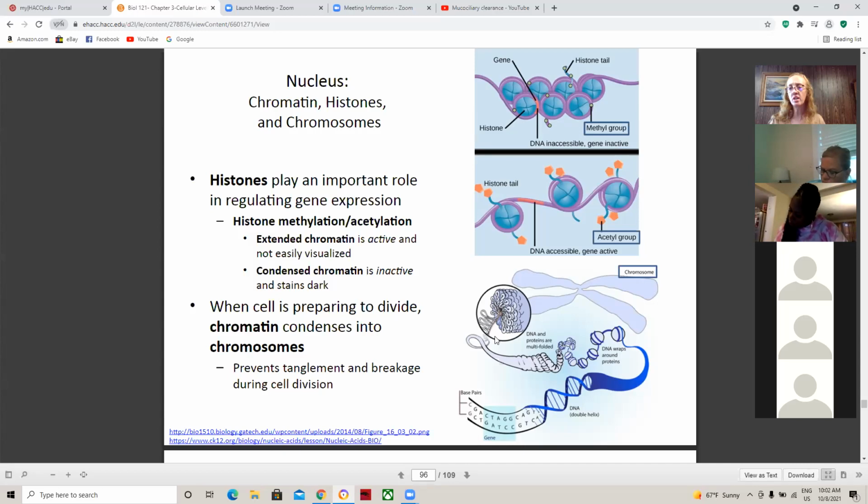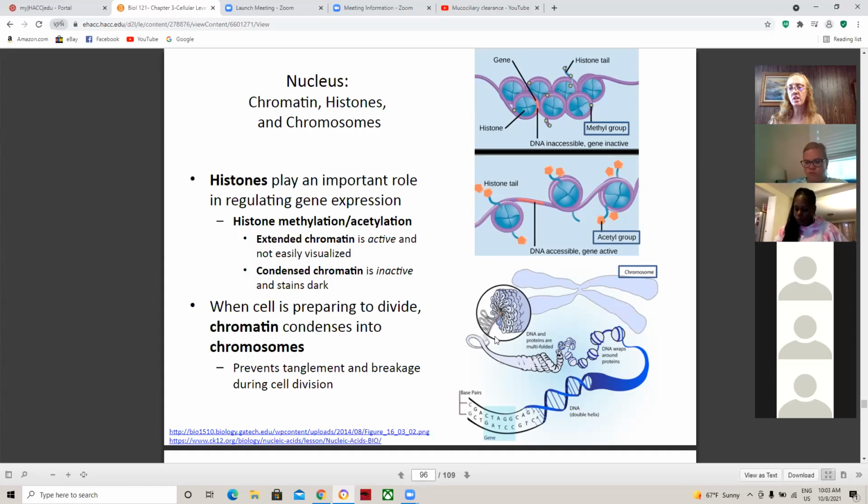So it makes that DNA inaccessible. By adding that methyl group to the histones, you make that DNA inaccessible for gene expression. So condensed chromatin that's inaccessible for gene expression is inactive and it stains dark.